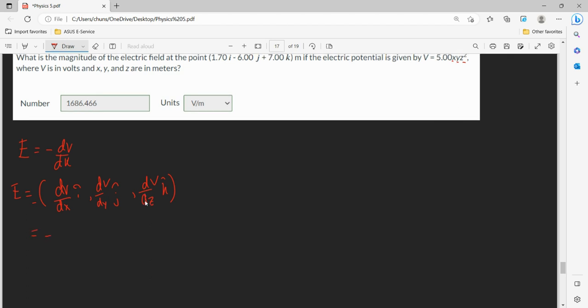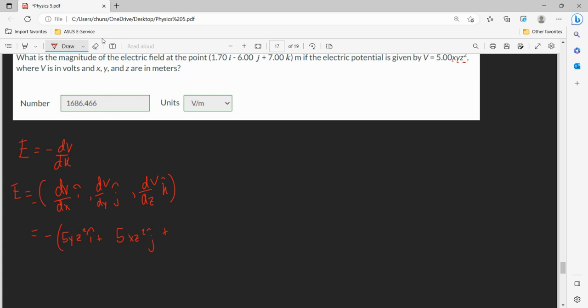So if we start out with deriving with respect to x, this becomes 5yz squared, and then that's our I direction. And this is plus 5 in our, xz squared.